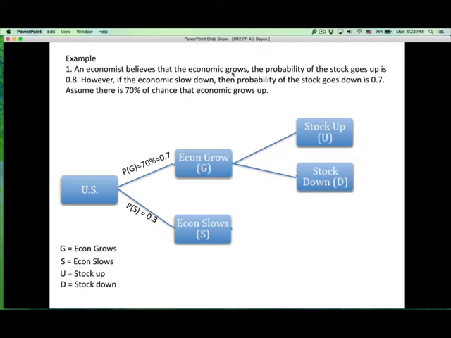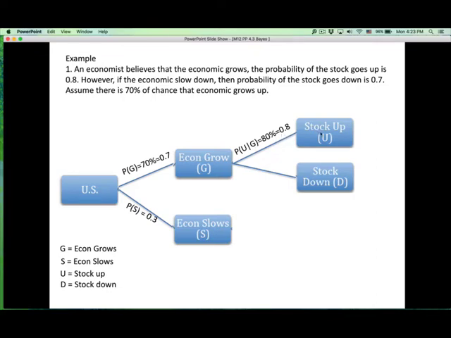So this is going to be the conditional probability. Don't write P of U equal to 0.8. This is a conditional probability. We're gonna write it this way. This means the probability that the stock goes up given that, or under the situation that, economic growth. That will be equal to 80%, which is 0.8 in here.